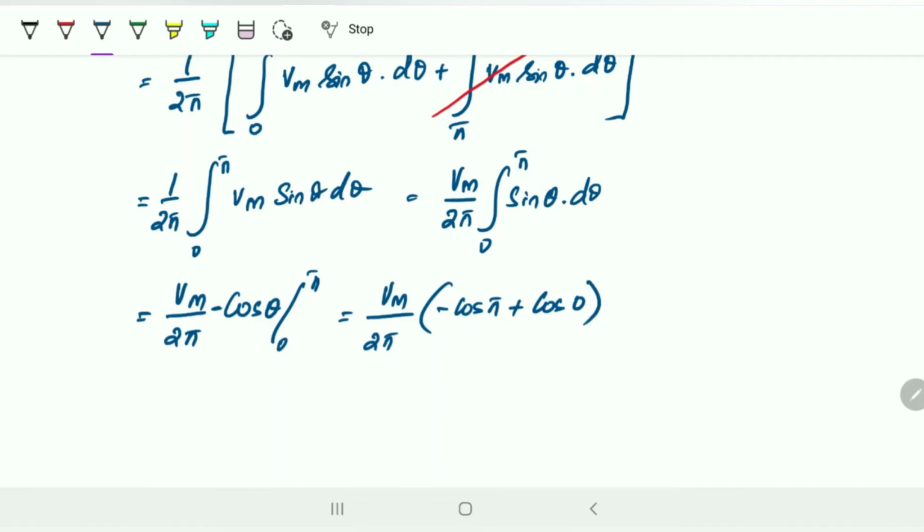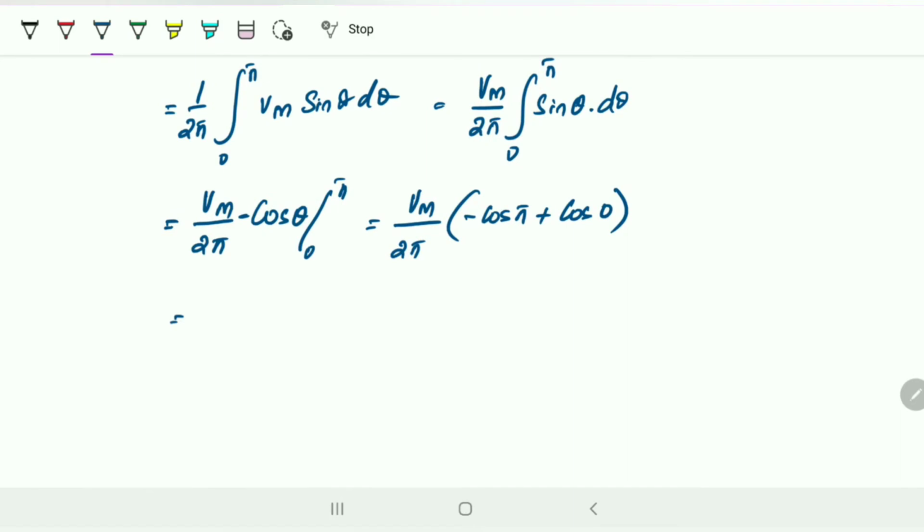After the substitution, cos pi is always minus 1. So Vm by 2 pi, minus of minus 1 plus cos 0, which is 1. I'll put this bracket. So now it is 2. What you have is Vm by 2 pi into 2.